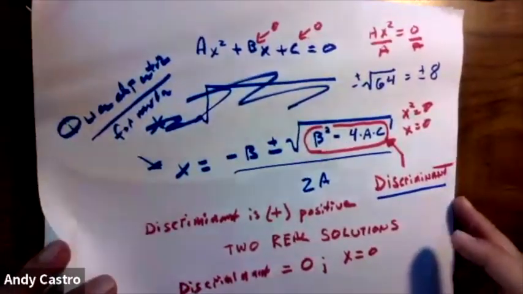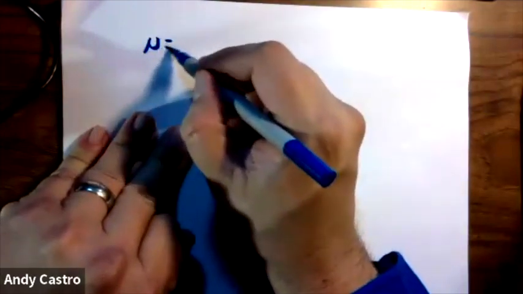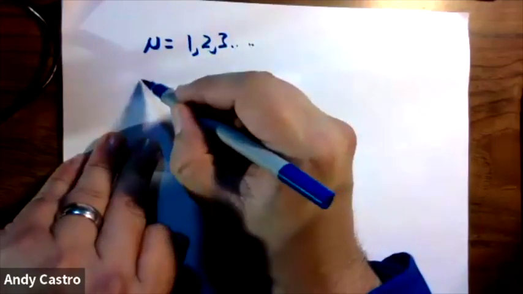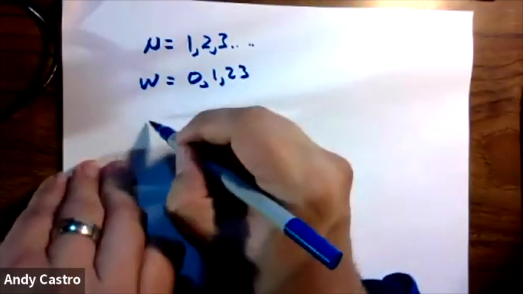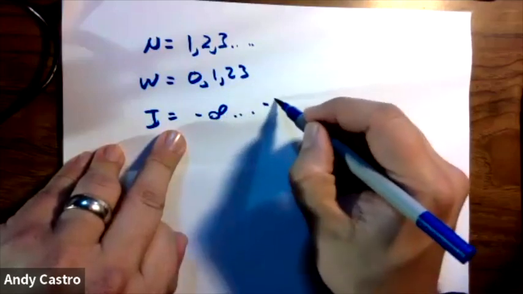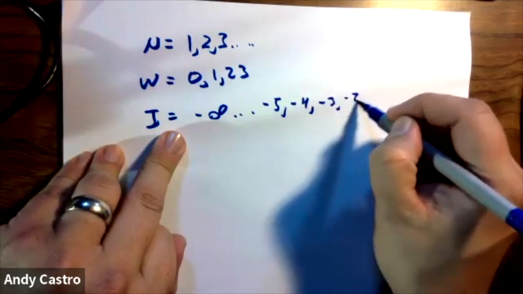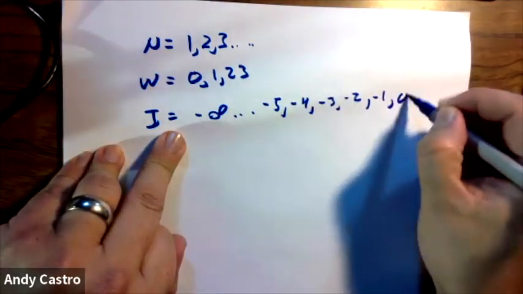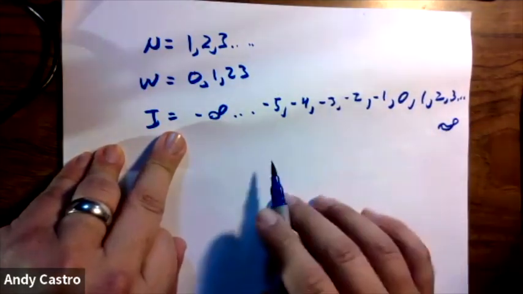And before I talk about that, let's review from what we did the first week, where we talked about natural numbers. We started with 1 and we incremented by 1. Whole numbers started with 0 and did the same thing. Integers go from negative infinity all the way to positive infinity, right?